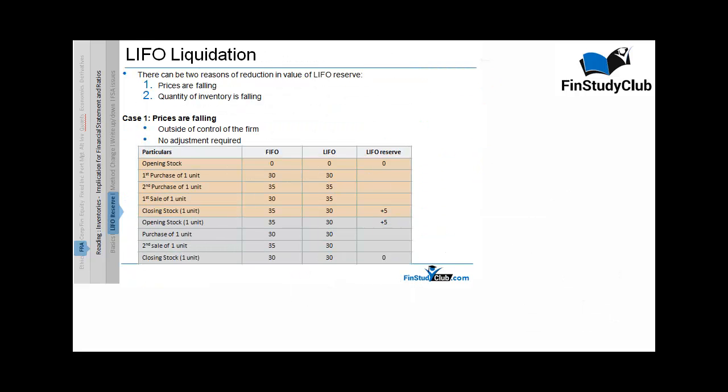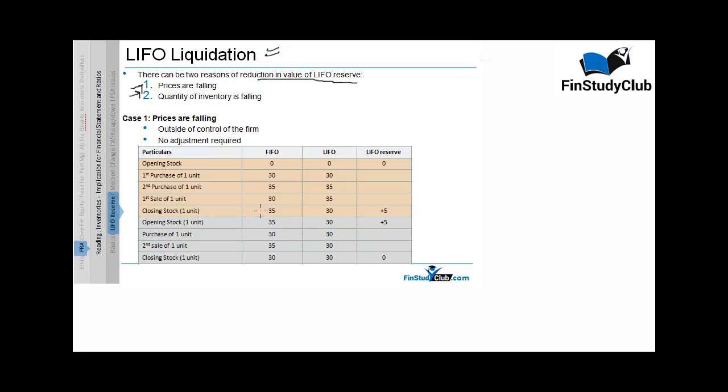Let's jump on to the consequential topic of LIFO liquidation, which basically means a reduction in the value of LIFO reserve. For simplicity's sake, I have taken a very similar example, and I am making two cases out of it. My LIFO reserve can go down because of two aspects.